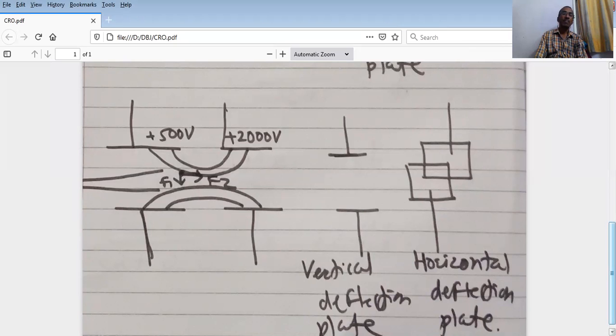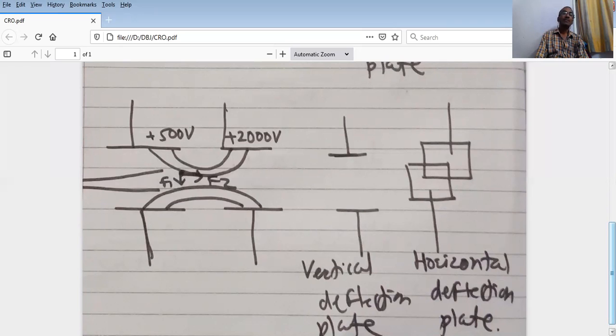The focusing anode is made up of two electrodes. Both have positive potential, but one electrode has plus 500 volts, and the other has plus 2000 volts.